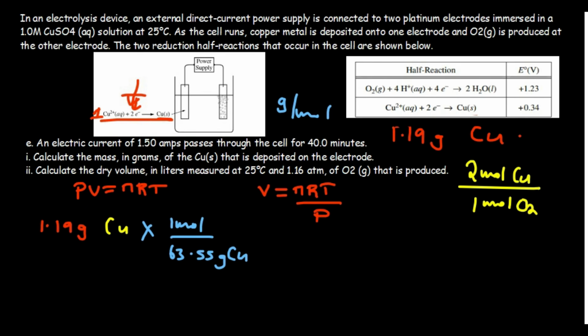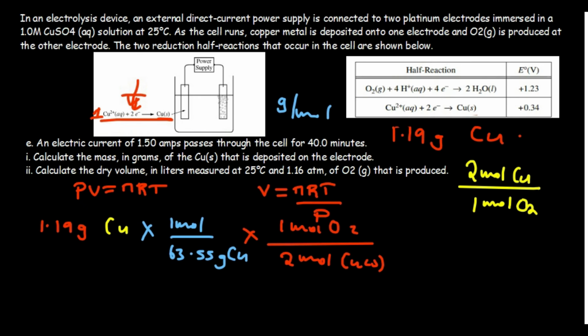Okay. Now the number of moles of copper, we are now going to use this ratio between the number of moles according to the balanced equation. So after determining the number of moles of copper, we're able to use that ratio to help us determine the number of moles of what? Oxygen. So if we want to find the number of moles of oxygen, then we need to make sure that the oxygen is on top. So multiply by the oxygen on top. For every mole of oxygen, there are 2 moles of copper solid that are produced.